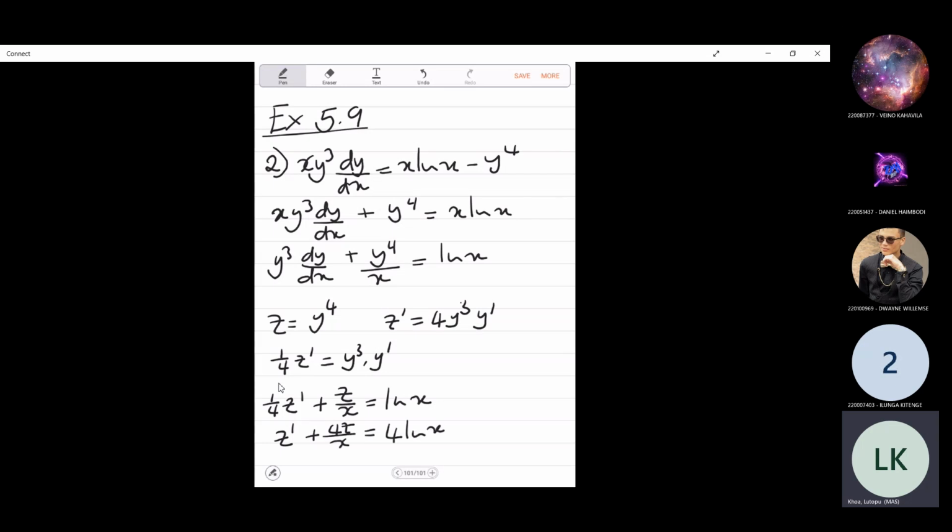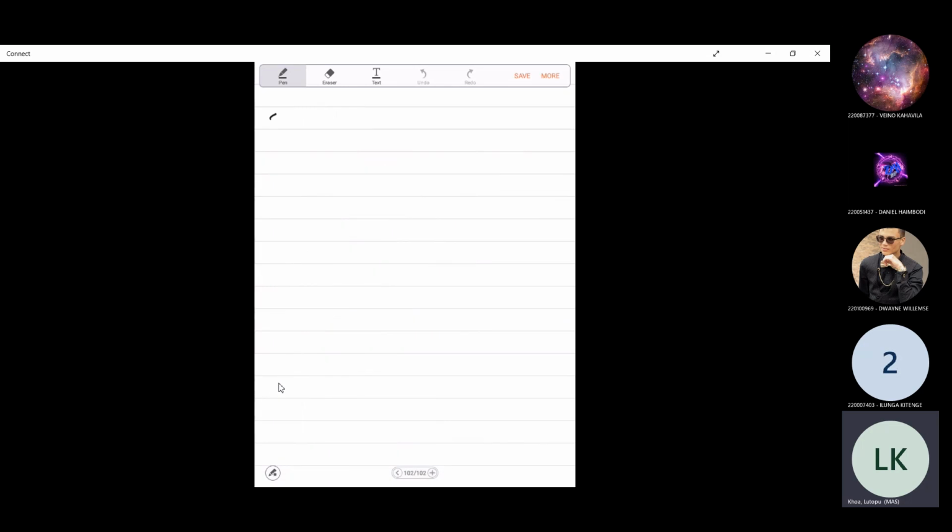And now we can work out our integration factor. E to the power of 4 ln of x, which is x to the power of 4. Okay, now we can multiply by x to the power of 4 throughout. So we have x to the power of 4 z prime plus 4x cubed times z.